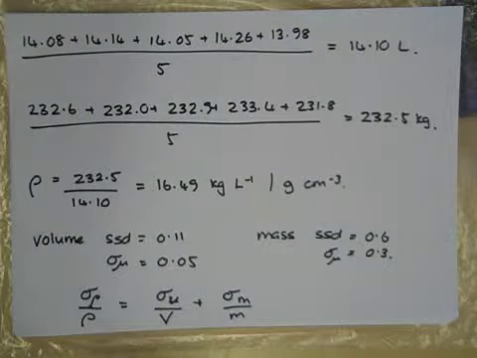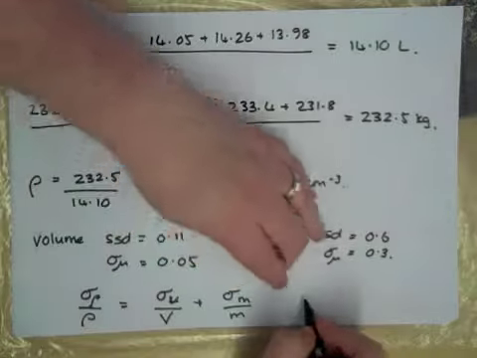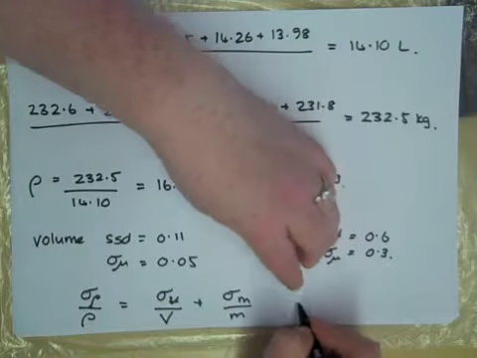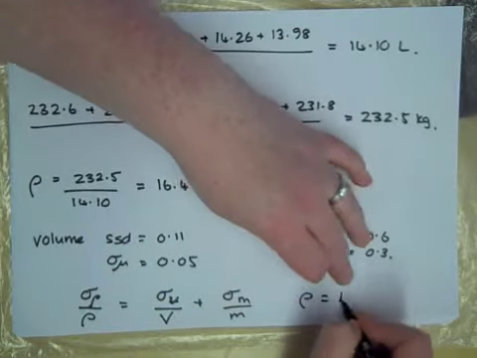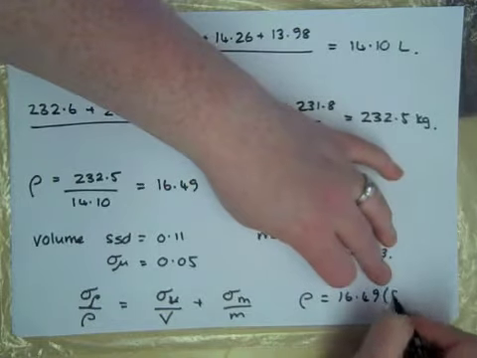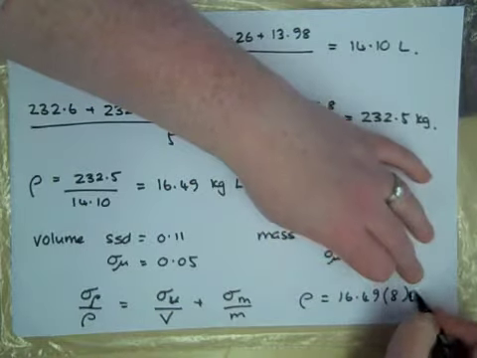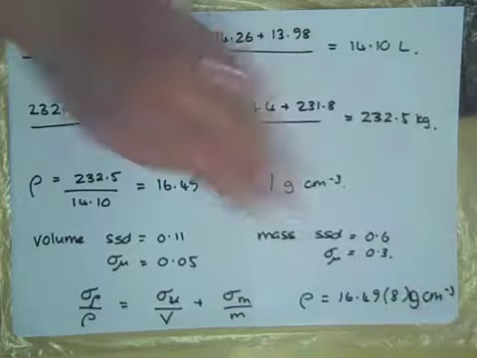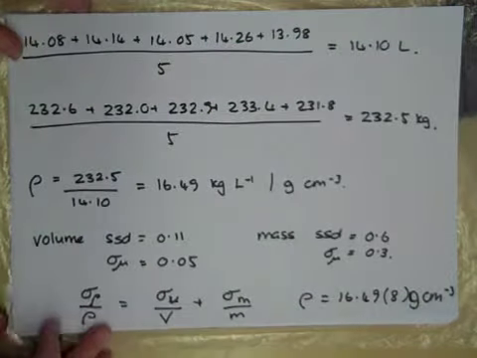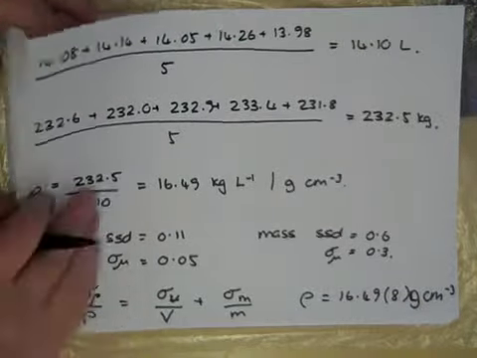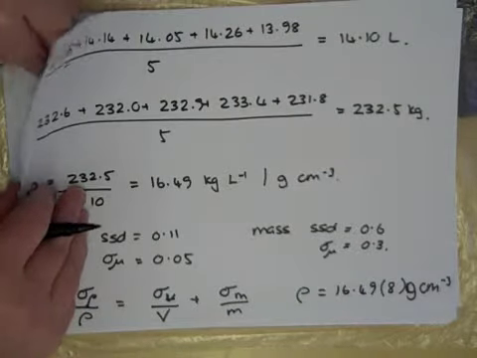And if we go on to work this out, this gives us our density as 16.498 kilograms per centimetre cubed. So I'm going to take this density and move it on into the second part of the question.